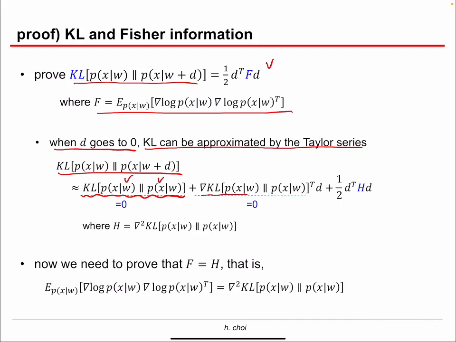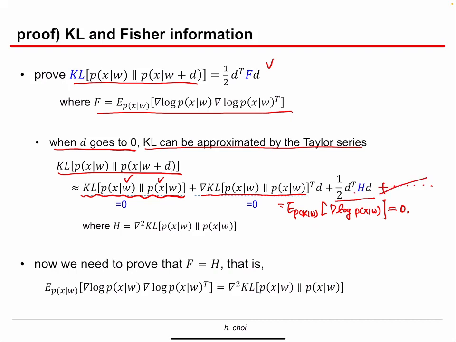This one is a little tricky, so in the following slides I'm going to show that it is actually the expectation of the gradient of log p of x given w, and that this is 0. I'm going to prove this in the following slides. Then we have the third term, which is an approximation, meaning we have some other terms but we ignore them.